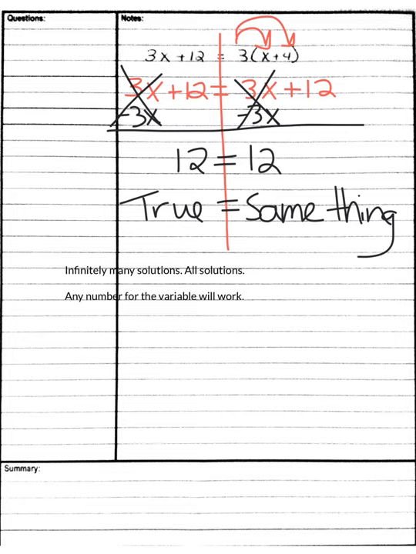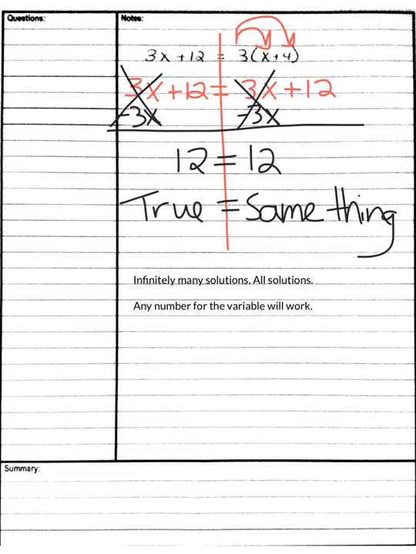So whenever we solve an equation, so far we know that we can either get one answer, meaning one number is going to work for the letter x, one solution, or we just learned that if our letters cancel out and it's a true statement, the left side equals the right, then any number works. And that's what you literally write for the answer here. The answer we would write is all solutions, any number works.